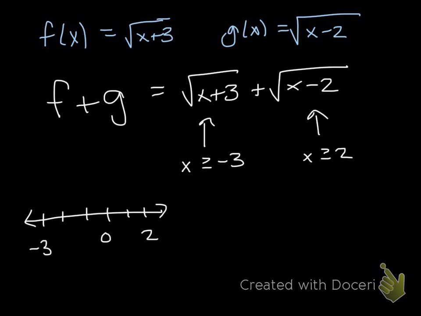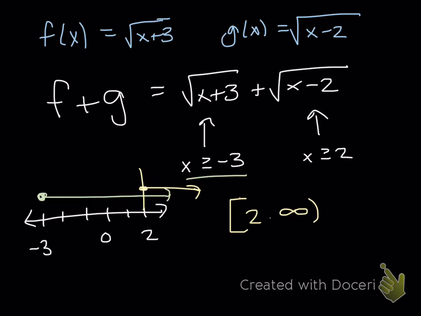So the first statement says everything has to be greater than or equal to negative 3. The second statement says everything has to be greater than or equal to 2. So if I have to combine these two thoughts, the smallest value I can use is 2 and up. So my domain would be from 2 to infinity.